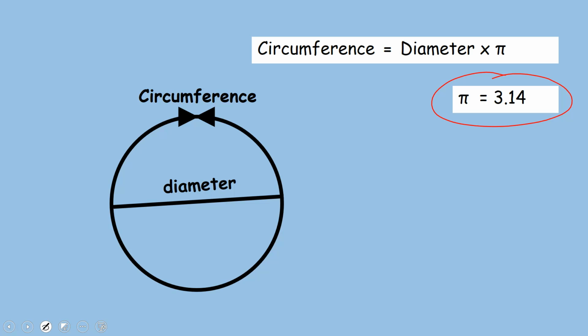So if you see the diameter goes all the way from one side to the other, going through the middle, a radius just goes from the middle just to one side. So it's half the size of the diameter. So you might need to know that later in the lesson.